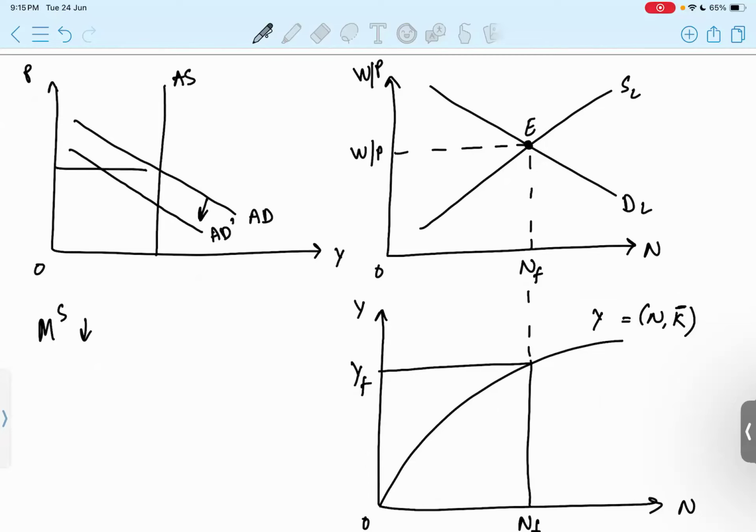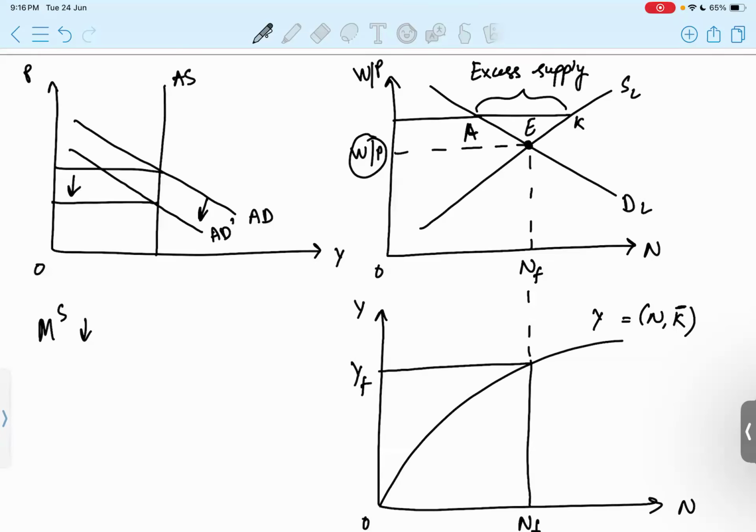Here you can see the price has reduced. If price reduces, it means real wage will increase. So when real wage increases to the new level, let's say this is AK. AK is the amount of excess supply of labor in the economy, which is generated.